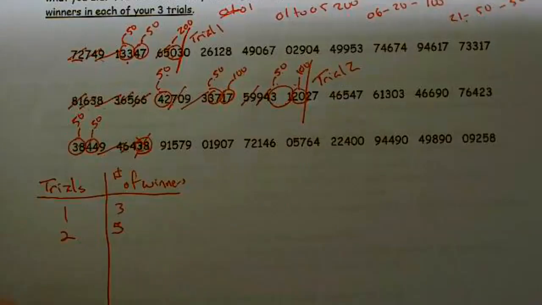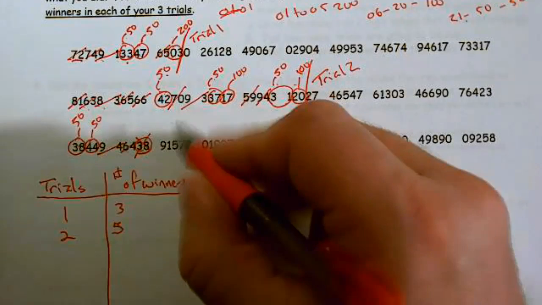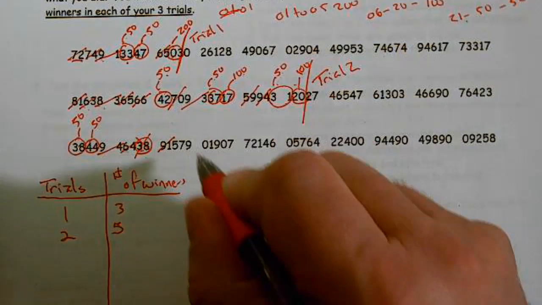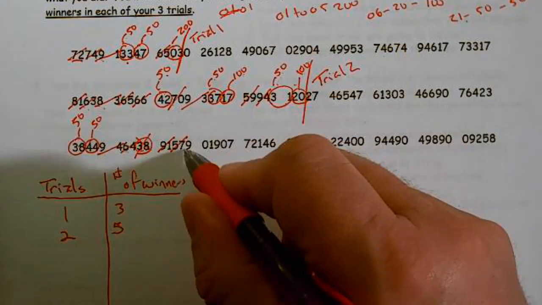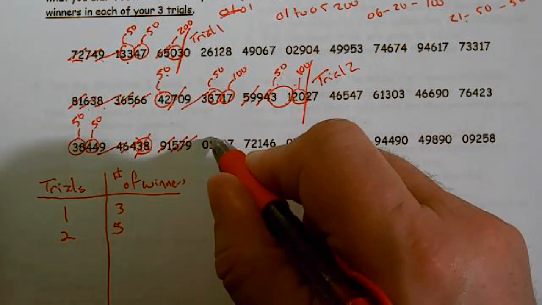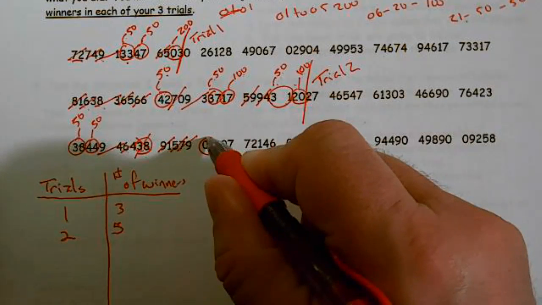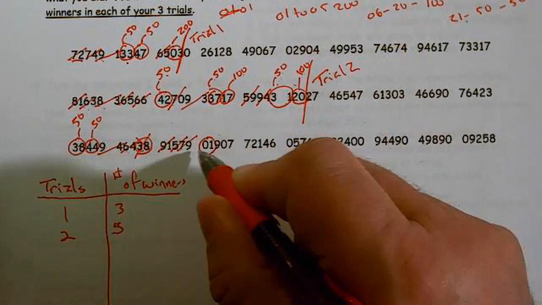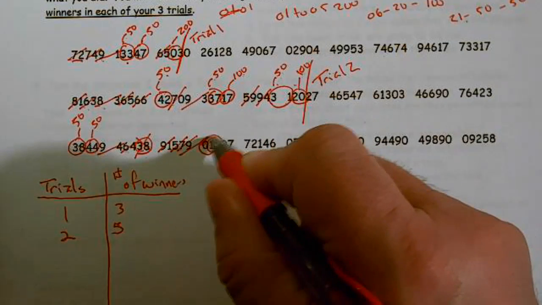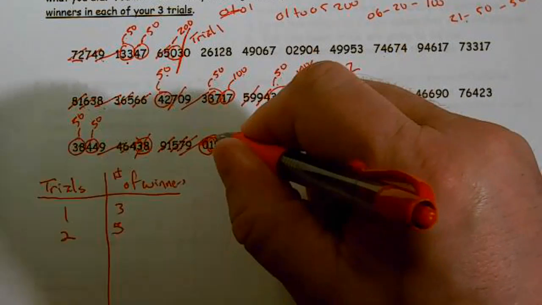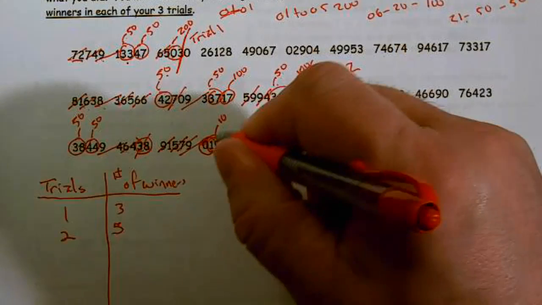All right. Then we have 91 being a skip, 57 being a skip, 79 is a skip, 01, excuse me, not 91, 90 is a skip, 19, I messed that up, 19 is a $100 winner.